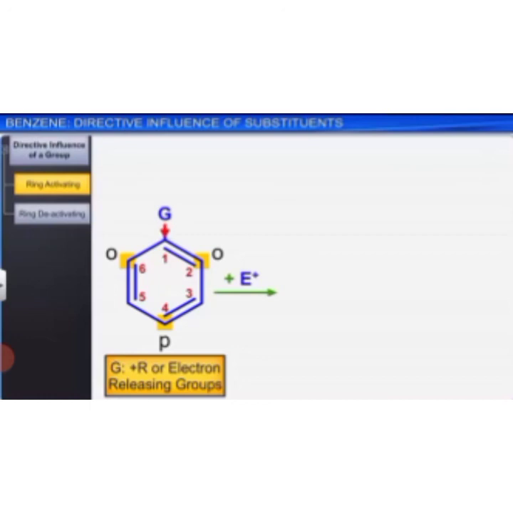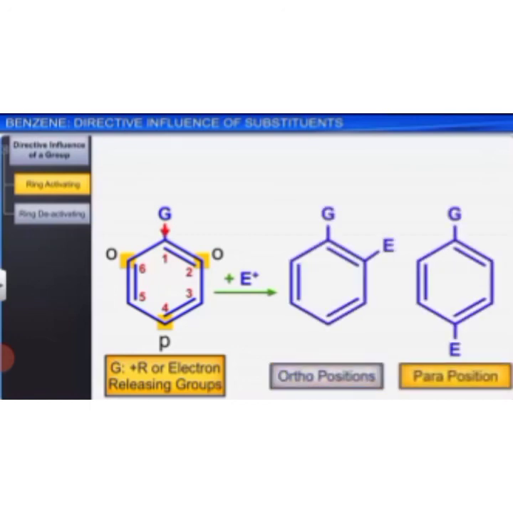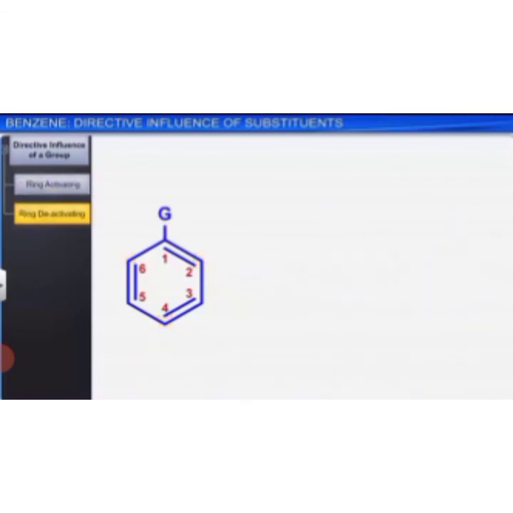Ring deactivating groups are -R groups, or electron withdrawing groups, which relatively decrease the electron density at ortho and para positions of the ring. In other words, the electron density is relatively high at meta position. Hence, these groups orient the new incoming electrophile to meta position.